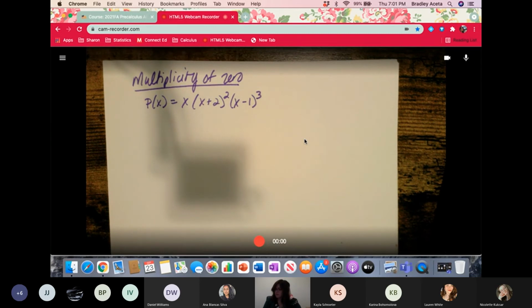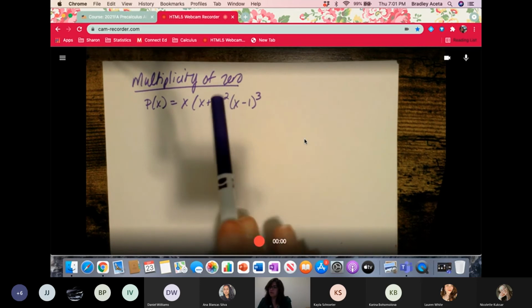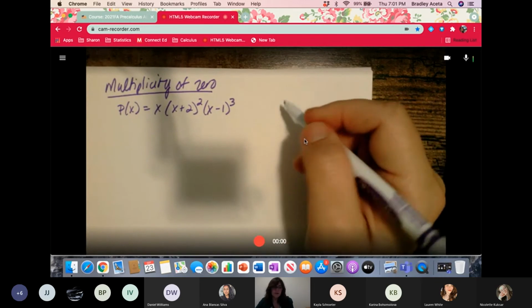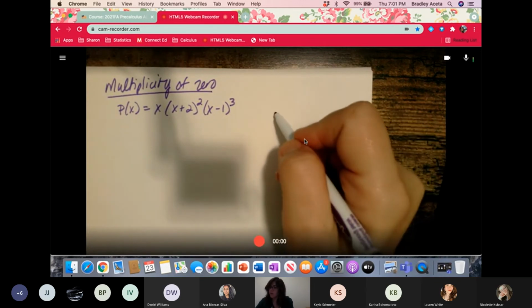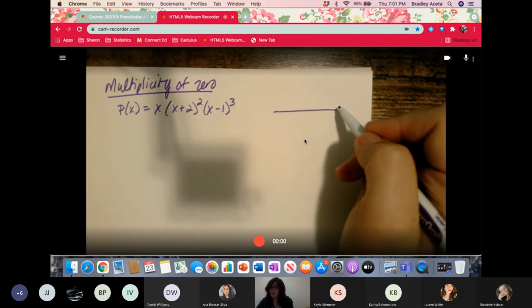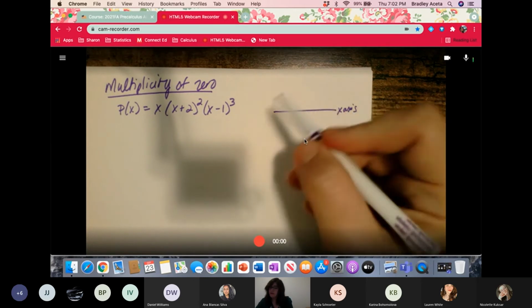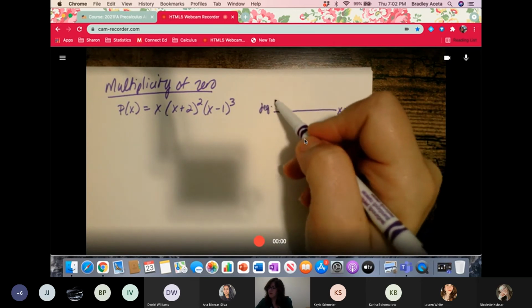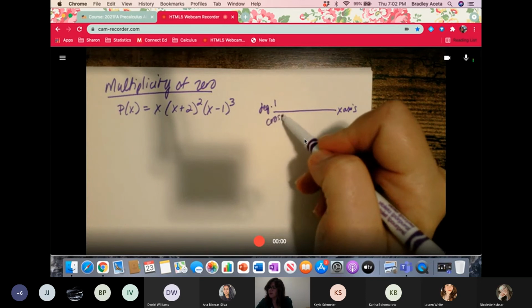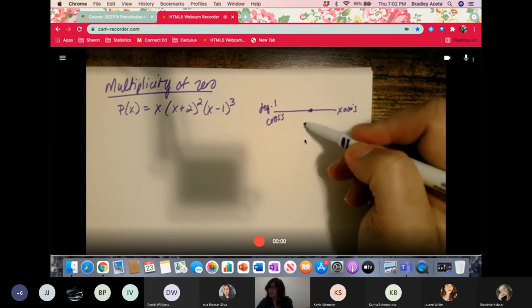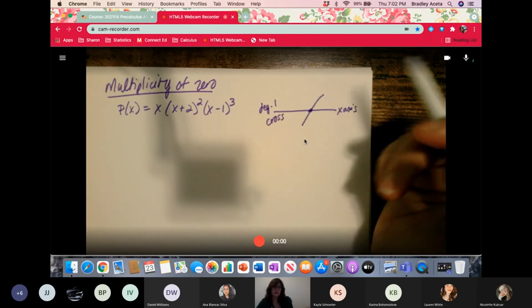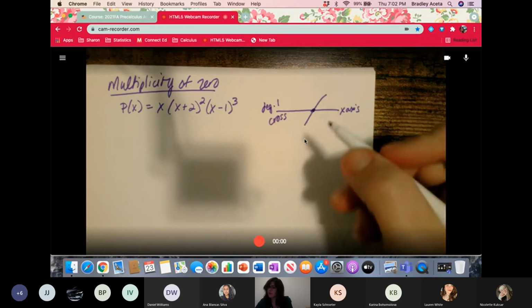So multiplicities, the degrees tell us something, okay? It tells us that where my 0 would be, let's say this is the x-axis, if it had a degree of 1, it's going to cross right through at that 0, like that. It's just going to cross right through it.